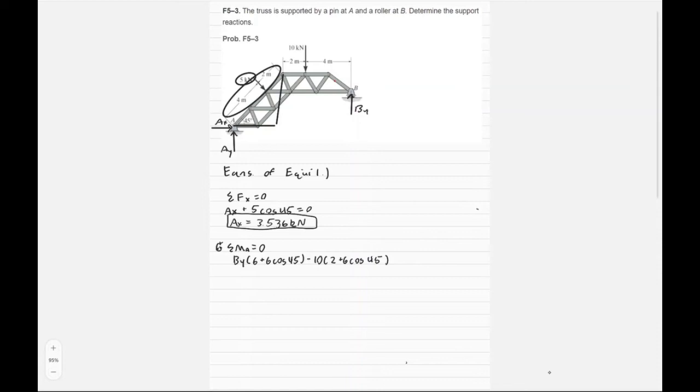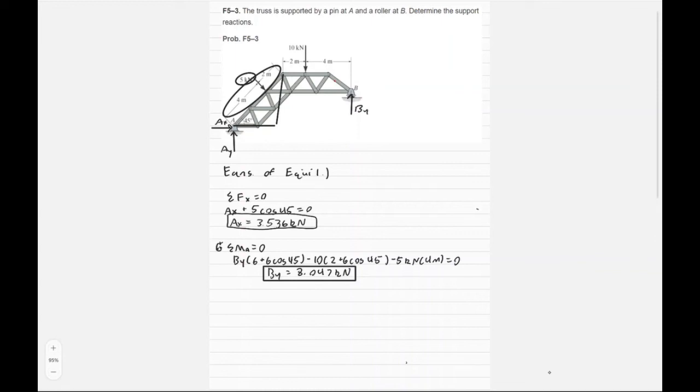And then for the final force, it's that minus 5 kilonewtons going negative in the y direction, and that is 4 meters away from our A point. Then set that all equal to 0. Once you're done plugging all those numbers into your calculator, you should end up with around 8.047 kilonewtons. So that is your final solution for the B of y force.